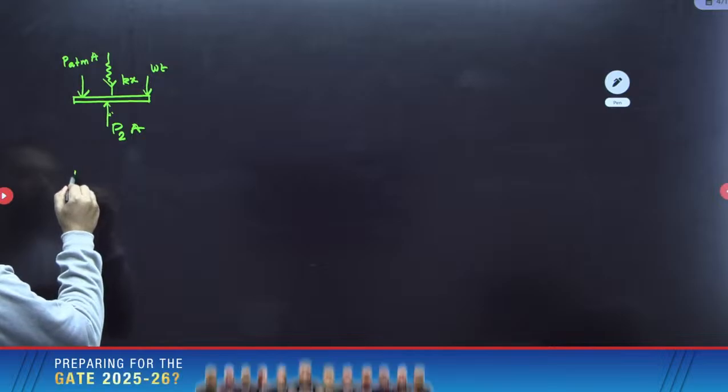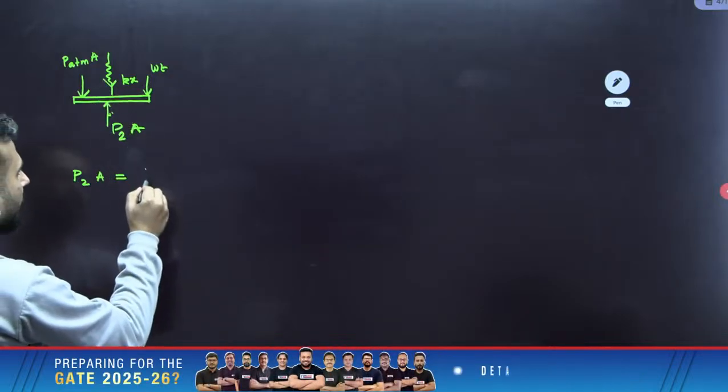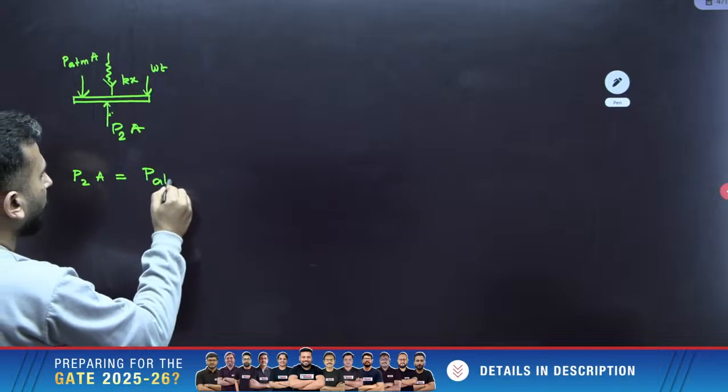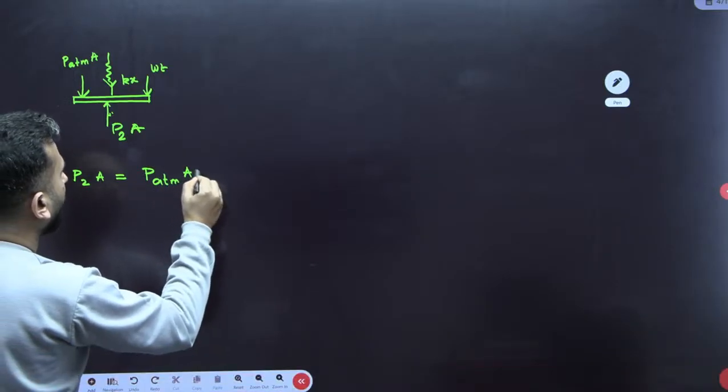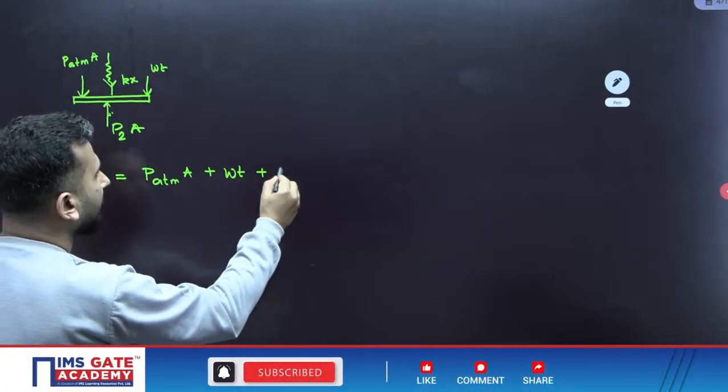So the forces on this side, that is P2A, is equal to the force from above plus the weight of the piston plus Kx.